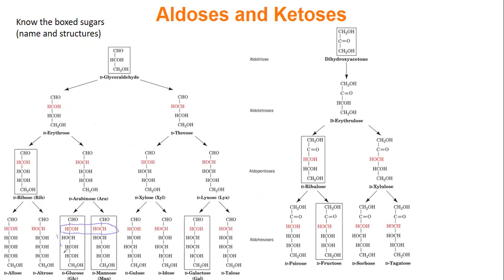C3, 4, and 5 are the same. So if you only have one difference, you're an epimer. But they're also stereoisomers, so it's one of those word puzzles. Every epimer is a stereoisomer. Not every stereoisomer is an epimer.